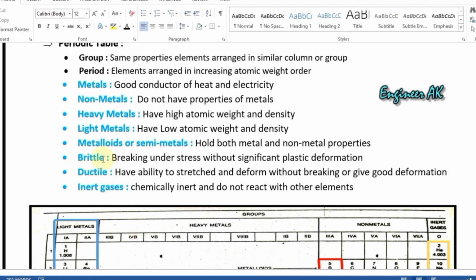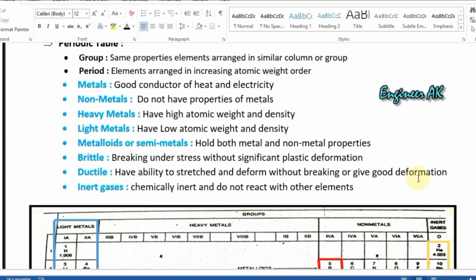Now brittle and ductile. From your mechanics of materials course, you better know what these terms are. Brittle means breaking under stress without significant plastic deformation, meaning it does not give any warning, or you can say that it holds very low energy, and then it fails. What is ductile? It has the ability to stretch and deform without breaking, giving good deformation, right?